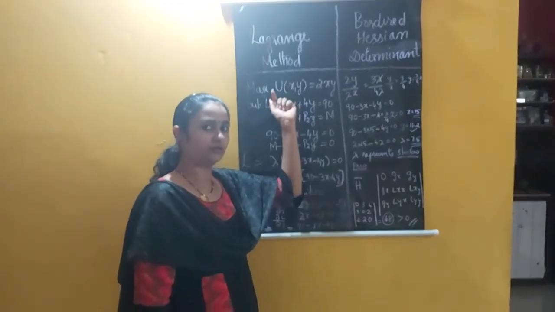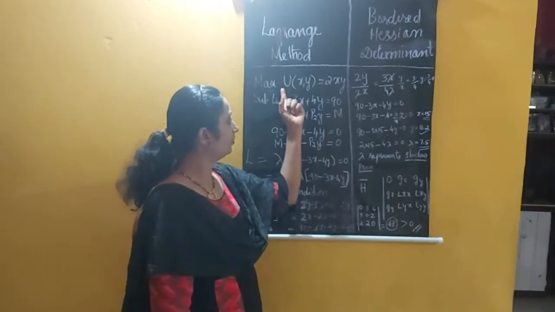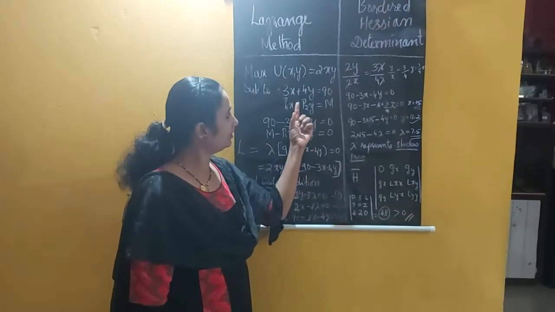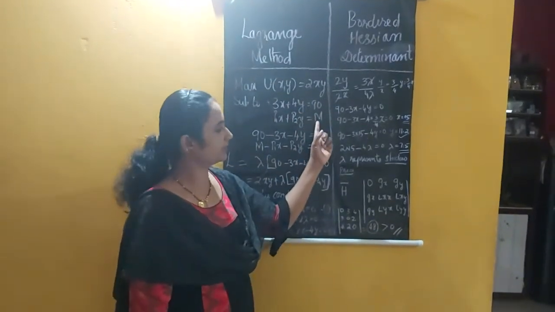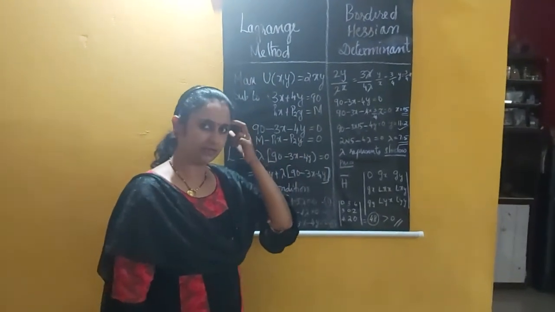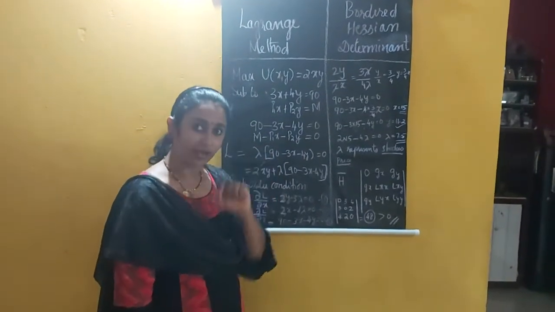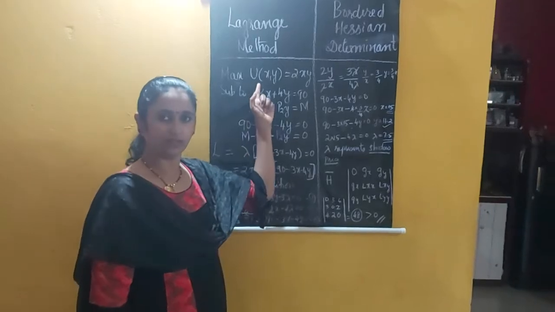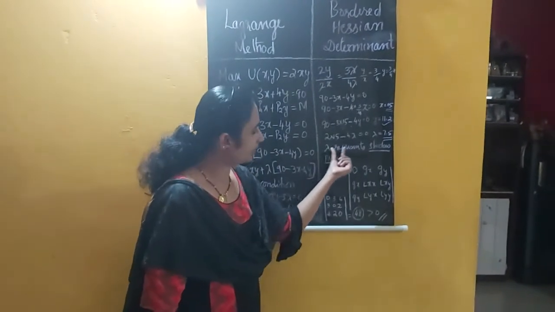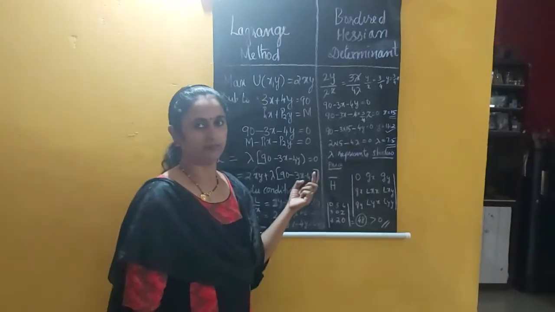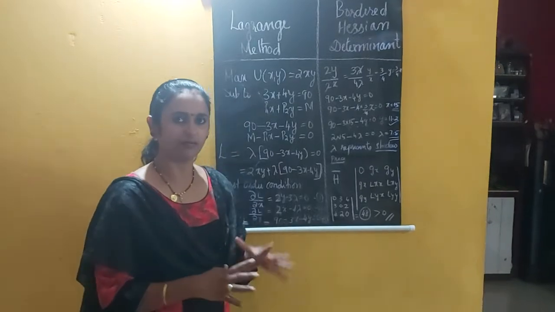So the change in utility, when we change one of the constraints, here m represents the money, that is the budget constraint. When we change the budget by one unit, what happens to this main utility is represented by lambda. So this lambda represents the shadow price of an equation or a function.